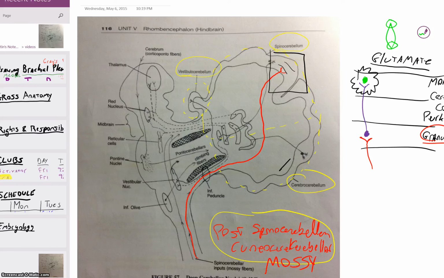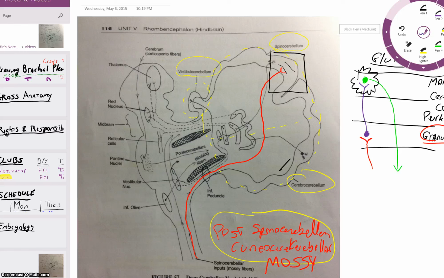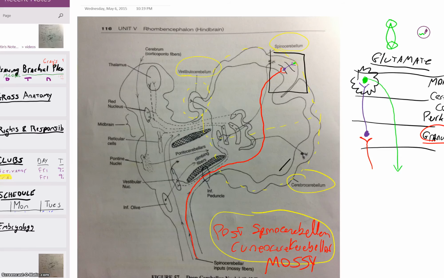Back to these spine Purkinje fibers, they go from this outer layer, this molecular layer of the cerebellar cortex, and they come down. So what we have here, if we go back to our big drawing, got our little granular cell, we got our spine Purkinje coming down.